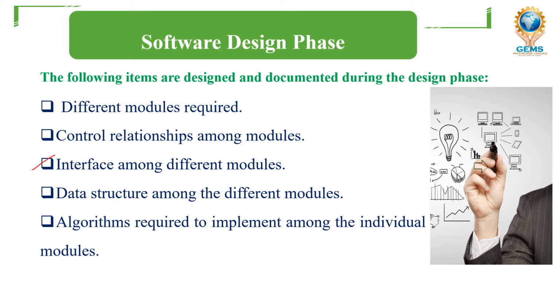Third point says that interface among different modules. So we are also going to check whether we are able to interface the properties from one module to another module. Second last point says that data structure among the different modules. So those documents and design should also be maintained during the software design phase.